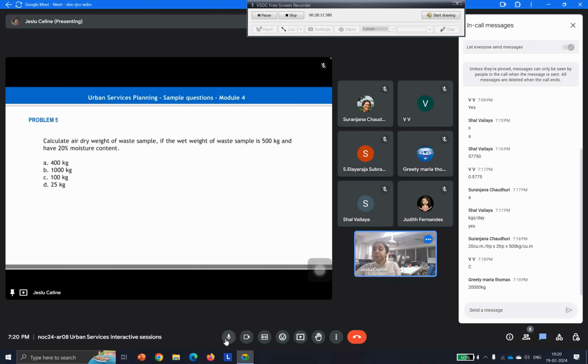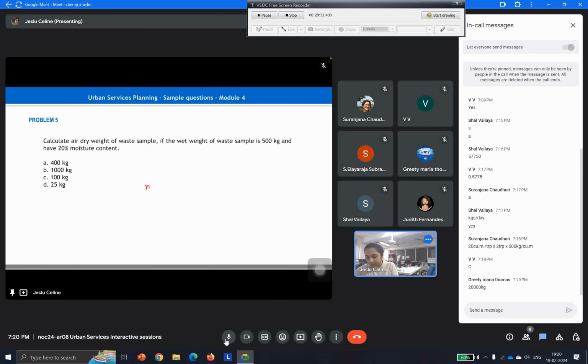Sorry about that. So problem 5: calculate the dry weight of a waste sample if the wet weight of the sample is 500 kilogram and it has 20% moisture content. So we know the weight of wet waste and the moisture content.